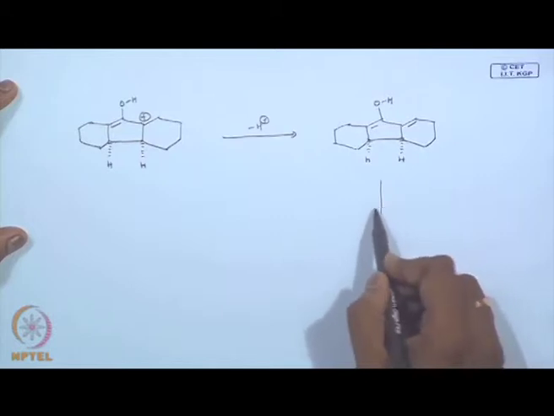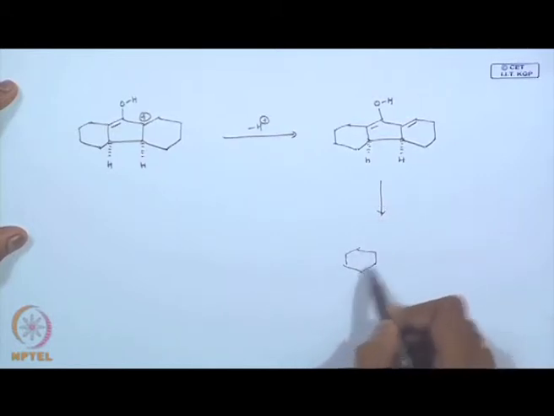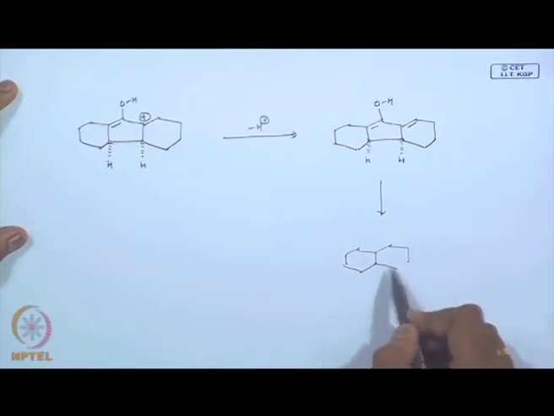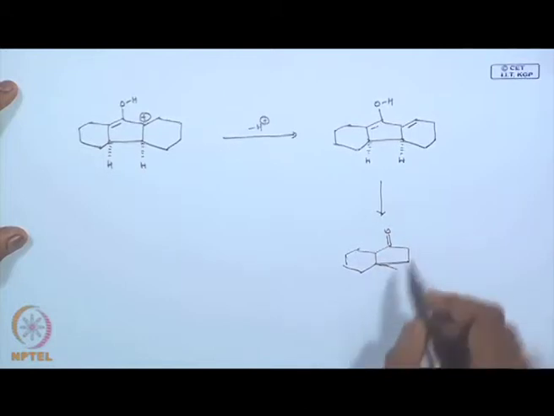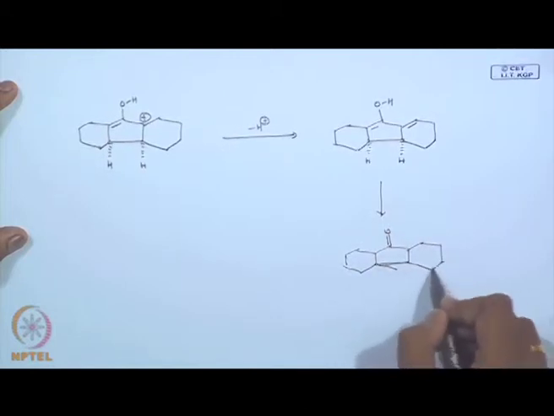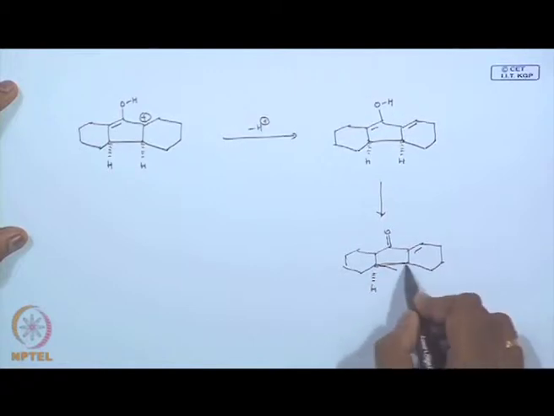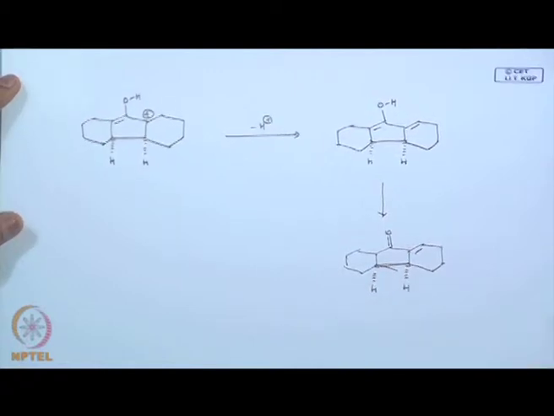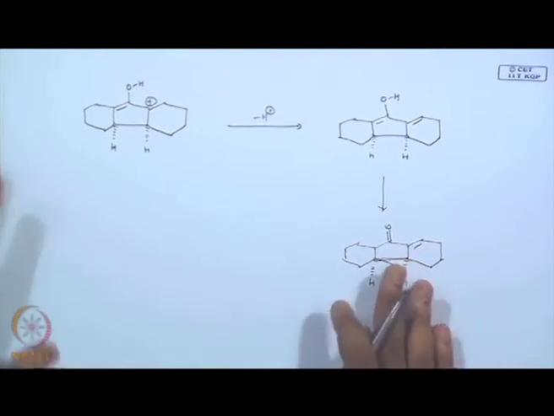Then we get this, so we can enolize this one, but this is the interesting hydrogen. So, that's the Nazarov cyclization.